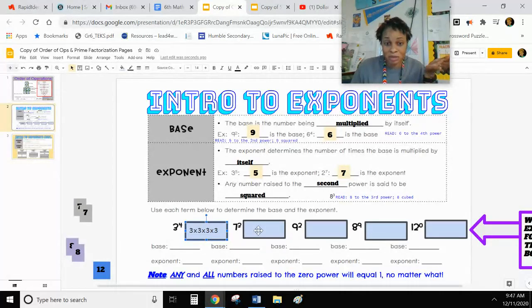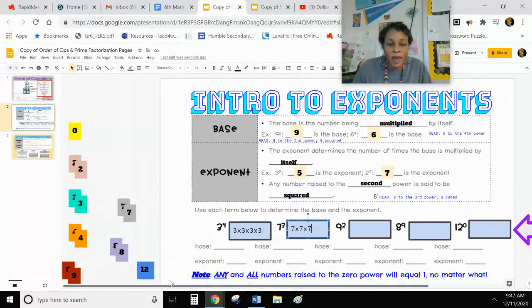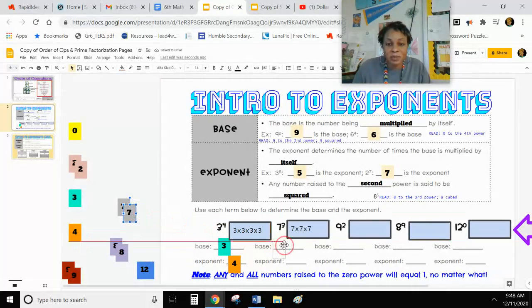That's what that means, okay? 7 to the 3rd power means 7 times 7 times 7. In this example, 3 to the 4th power, my base is 3. And my exponent is 4. In 7 to the 3rd power, my 7 is my base, and my exponent is 3.